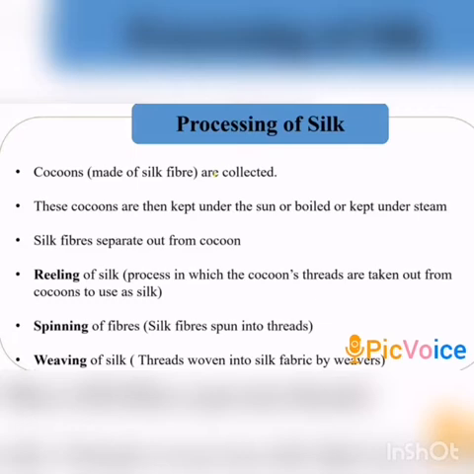That means by the spinning process, the fibers are converted into yarns or threads. After getting the silk threads, how do we get the silk cloth, children? We get silk cloth by the weaving process. The silk threads are woven into silk cloth by the weavers.